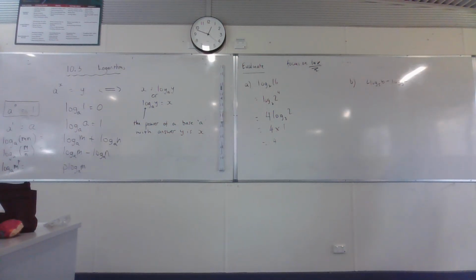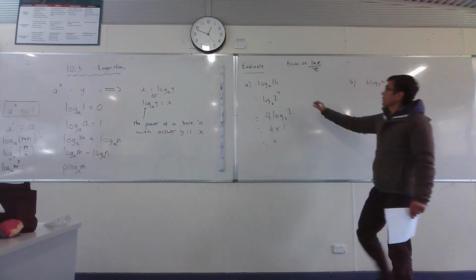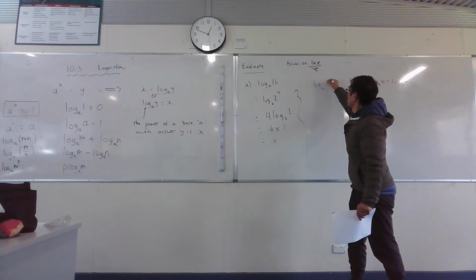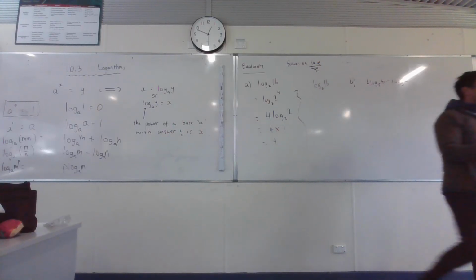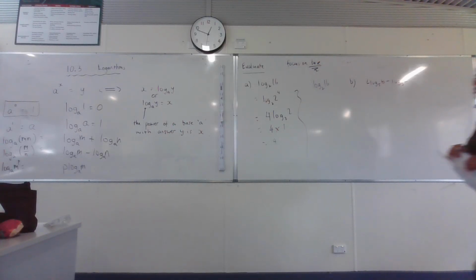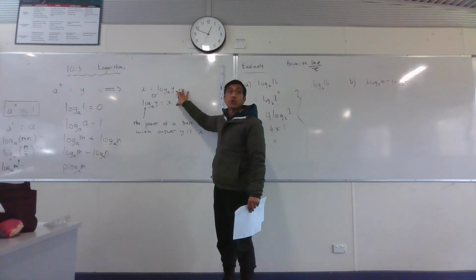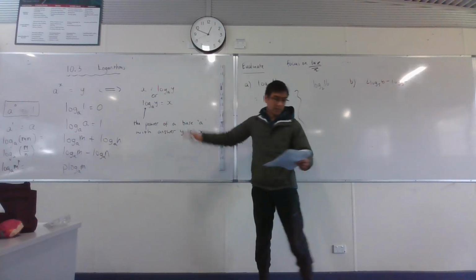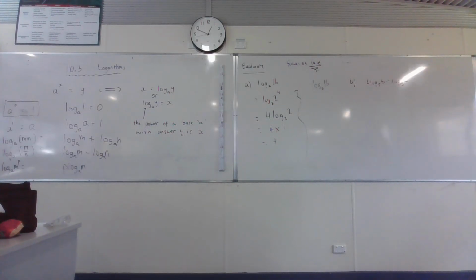Okay. Does anyone else know how we can do this? Okay. There's another way. And the clue is in here. You can rewrite what you see here with what you see here. Anyone want to have a go?